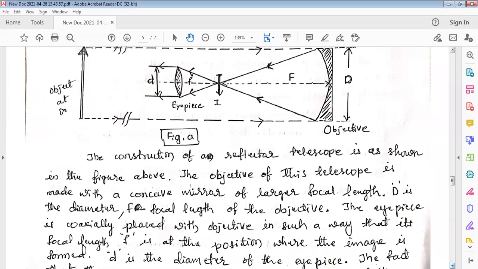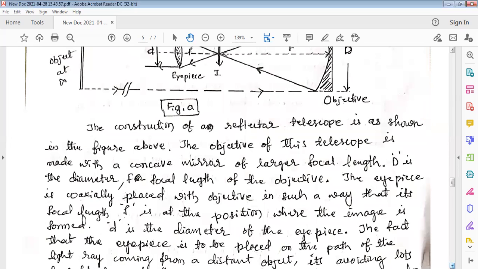Take this as figure A, because many figures come here. I will read out the explanation once again. The construction of a reflector type of telescope is as shown in the figure above. The objective of this telescope is made with a concave mirror of larger focal length.